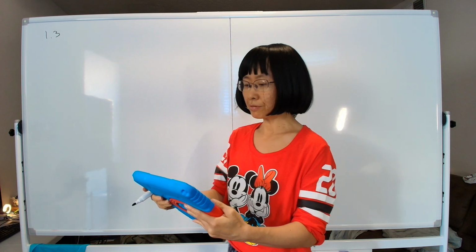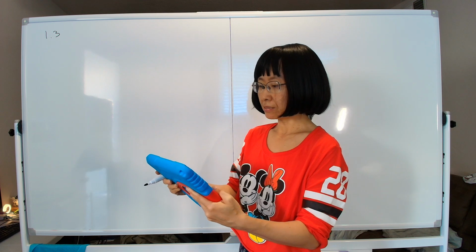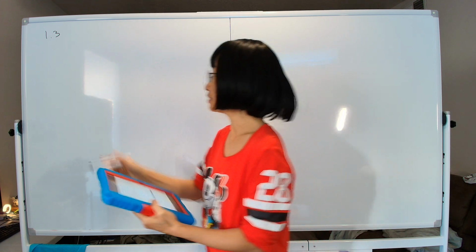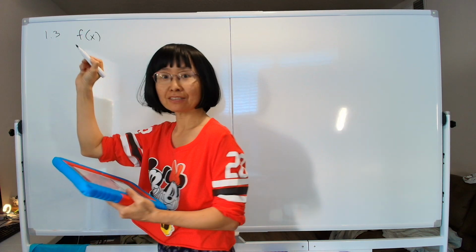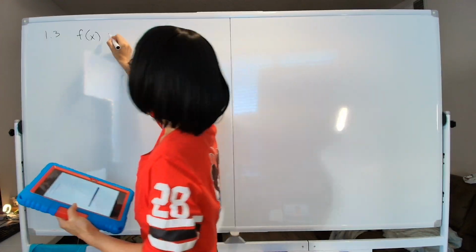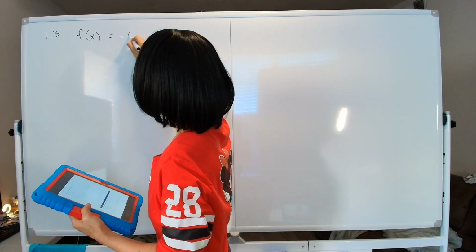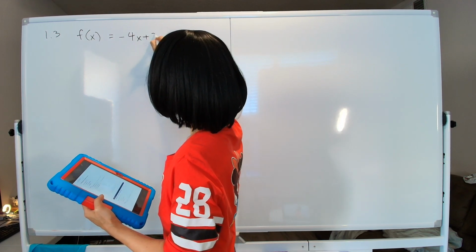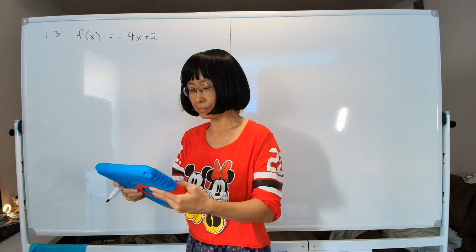Example 1.3 says that we have a very simple function. We'll just sit back and relax on a slow ride here. Now we have a very simple function, minus 4x plus 2. And then we're supposed to find its zero and y-intercept.